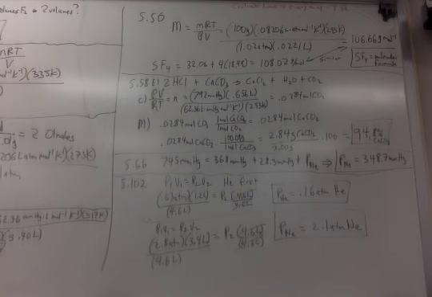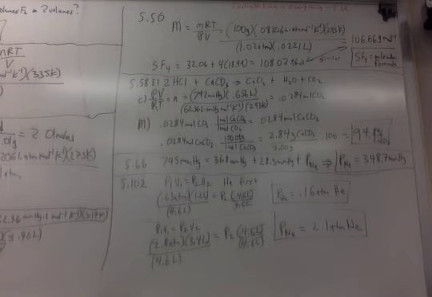Calcium carbonate and carbon dioxide have a 1-to-1 ratio, so that's 0.0284 moles of calcium carbonate. Change it to grams. I get 2.84 grams of calcium carbonate. Now it was part of an impure sample that had a total mass of 3 grams. So 2.84 divided by 3 times 100 is 94.8% calcium carbonate. So it was impure by about 5.2%.